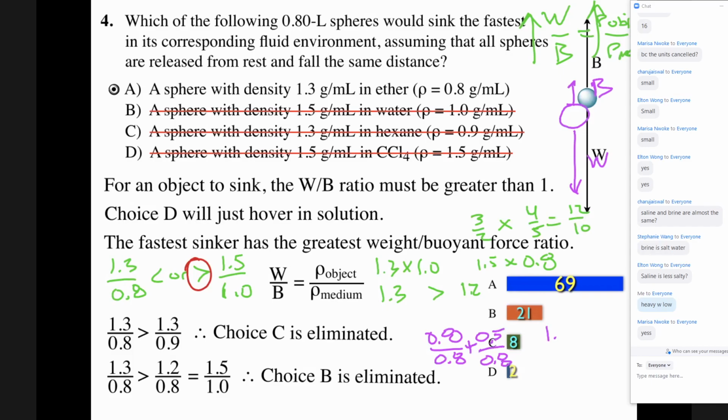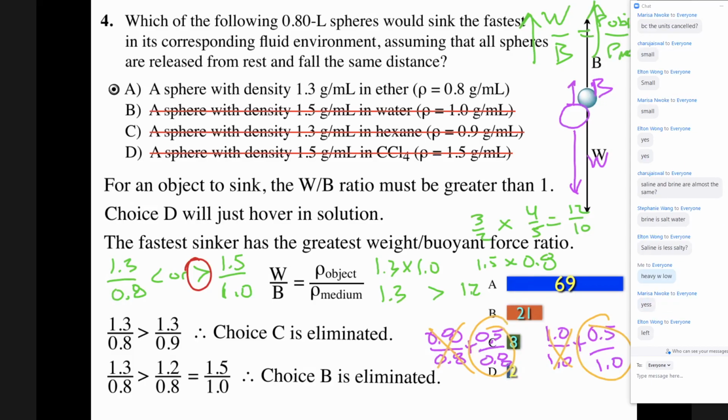I like looking at the other one as 1.0 over 1.0 plus 0.5 over 1.0. That's one and that's one, they canceled. So which remainder is bigger, 0.5 over 0.8 or 0.5 over 1.0? Left one's bigger, perfect. So any way you cut it, then that's your bigger answer.